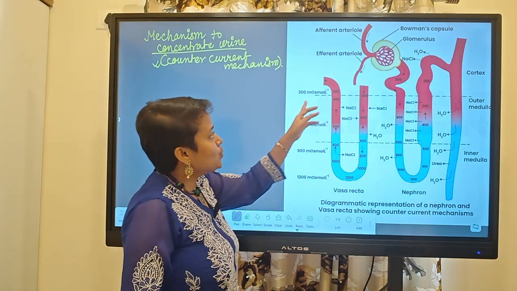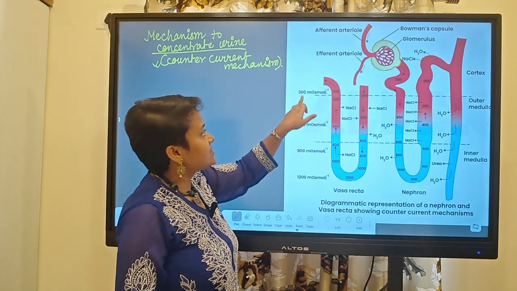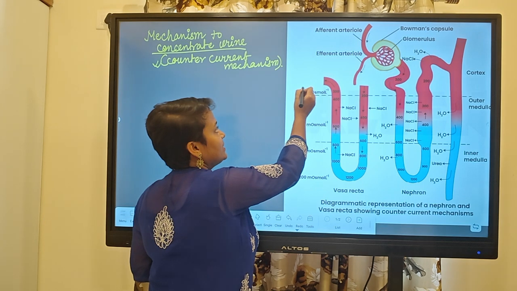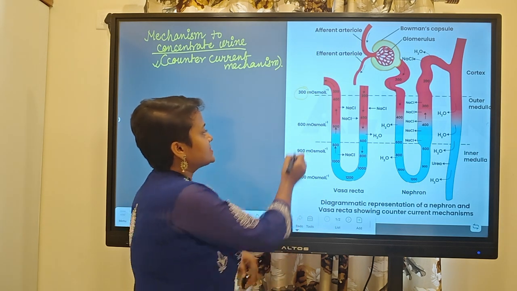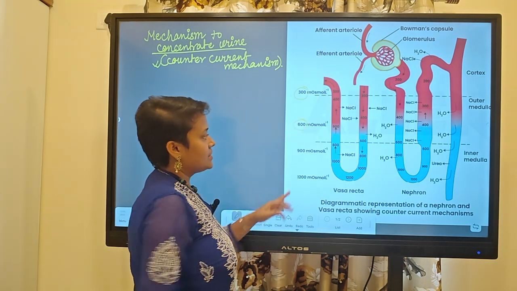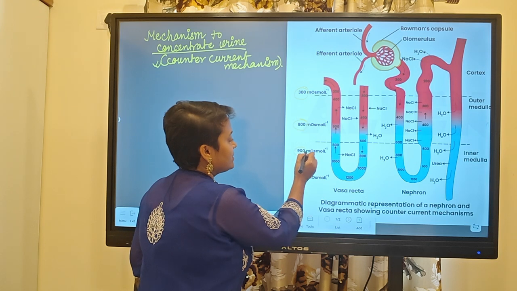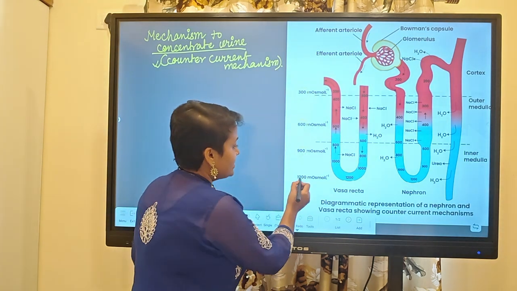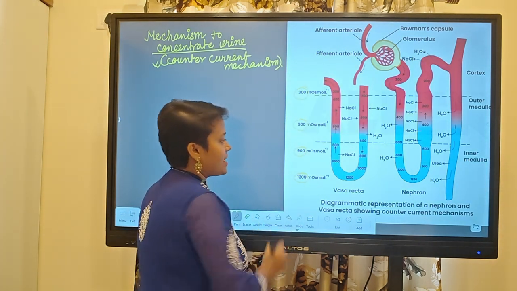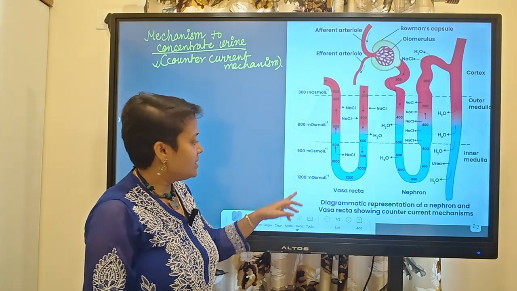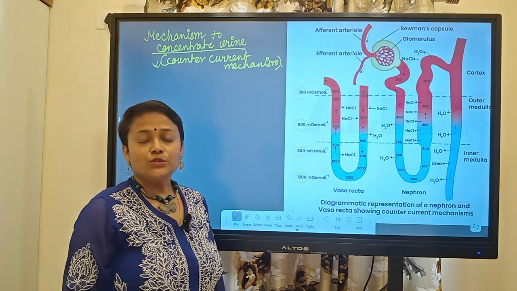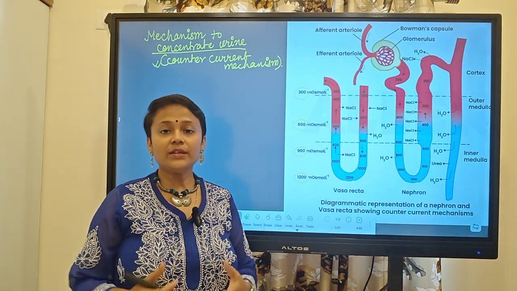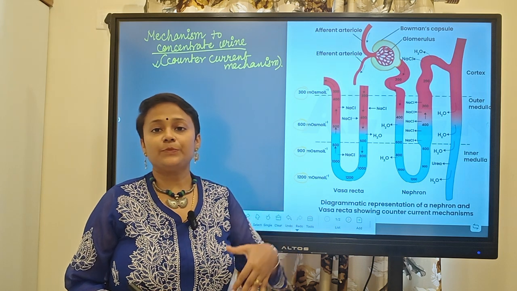Towards the cortex it is 300 milliosmol, then it is 600, and then 900 milliosmol per liter, and at the tip, deep down in the medulla, it becomes 1200. So osmolarity will increase when we go deep down.